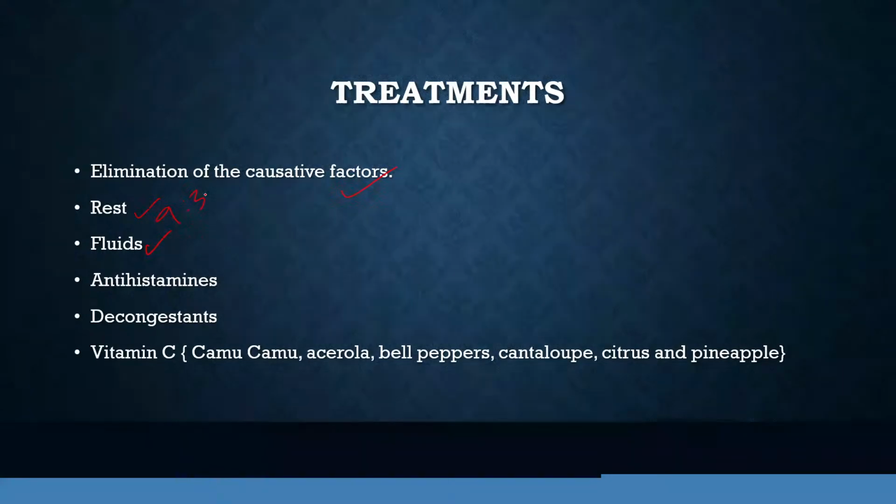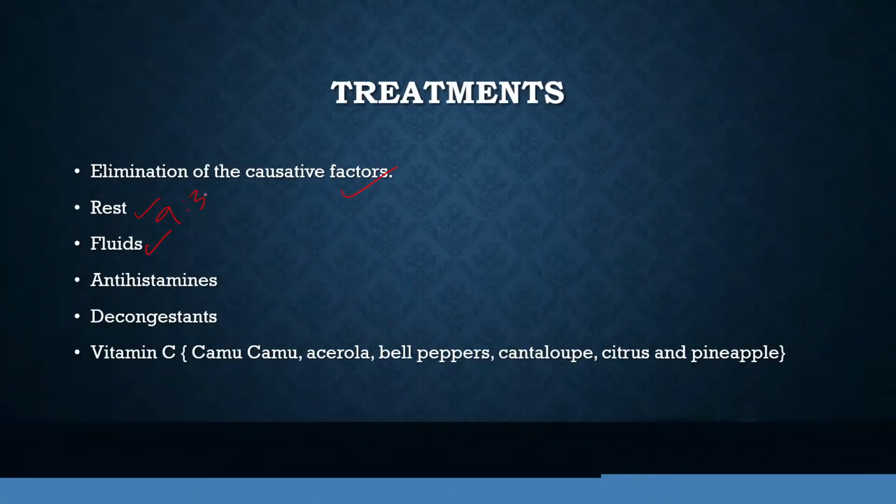I know we know it. But then we have antihistamines as well in the plant family. In herbology, an example of an antihistamine is chickweed. It helps fight allergies.